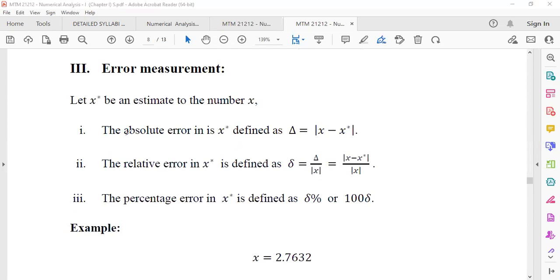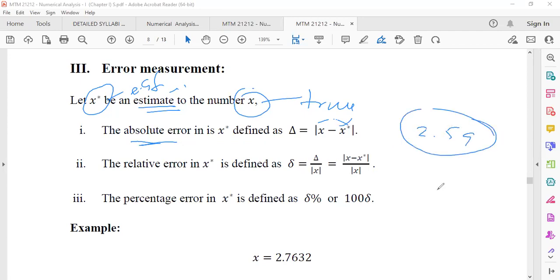Let's take x star. x star is the estimated value of the number x. This is our true value, and this is our estimated value. What is the absolute error from the true value to the estimated value? I told you some may take 2.59 as the exact one, some may take 2.57, some may take 2.61. This is less, this is above. So the mistakes can be plus or minus.